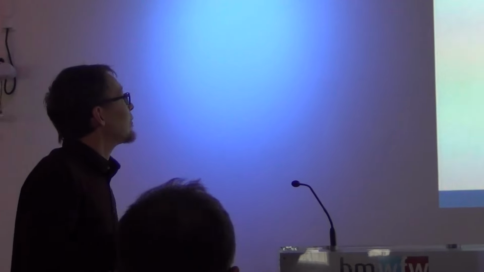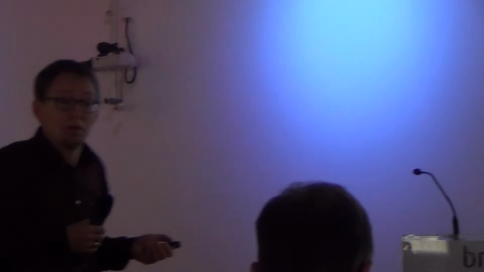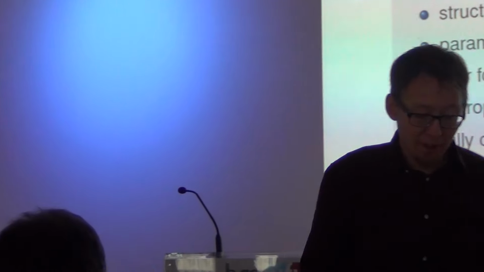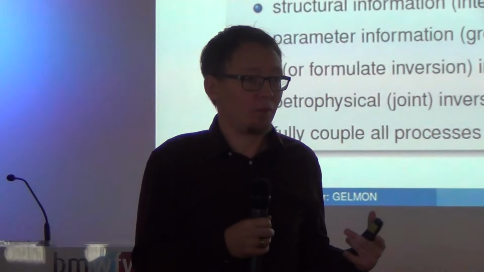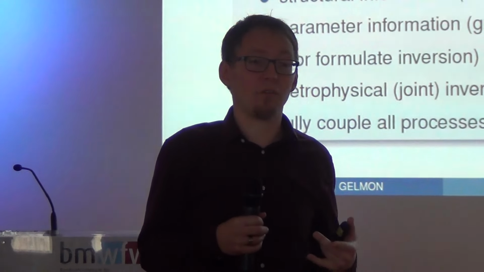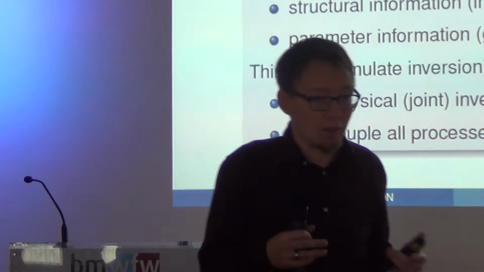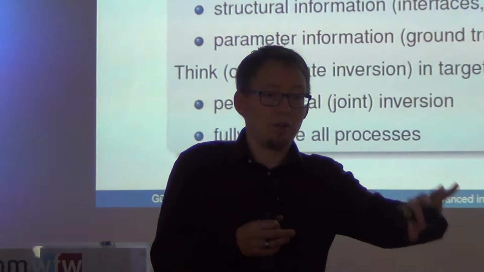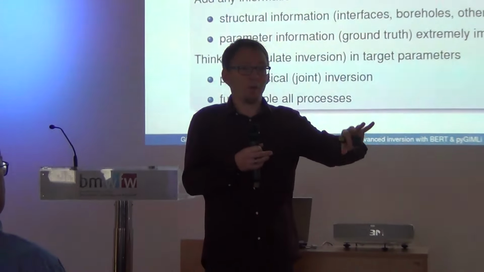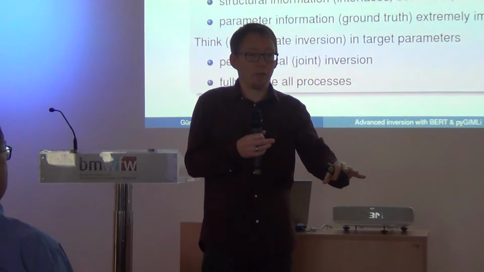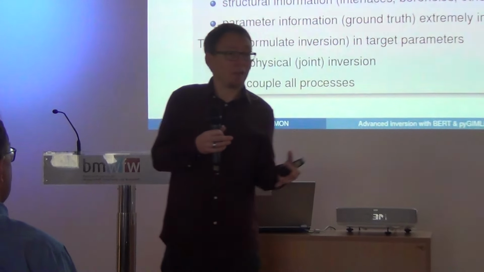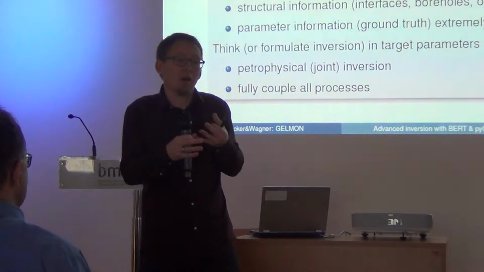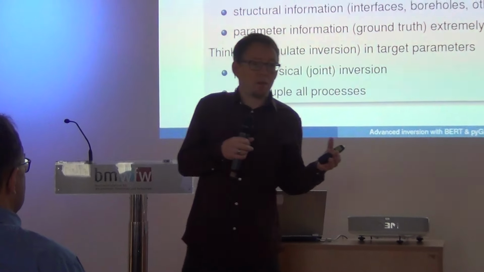And coming to the second point, of course, there's no single best solution, and there's not even a single best solution for the whole subsurface. So that's why you should divide your subsurface. You should use any structural information, and you can use geostatistical regularization in one part of the geology, like in the aquifer, because you have some idea of how the aquifer was deposited.